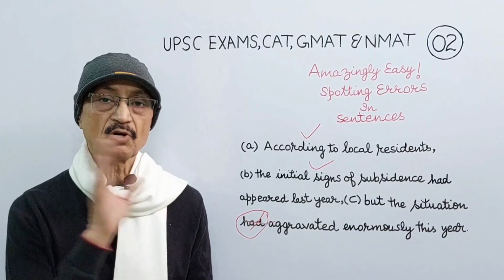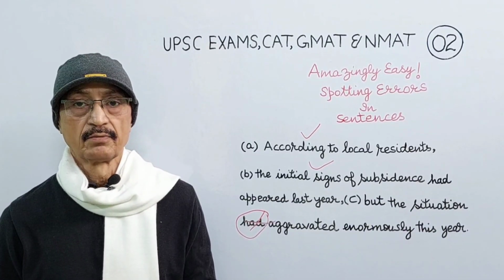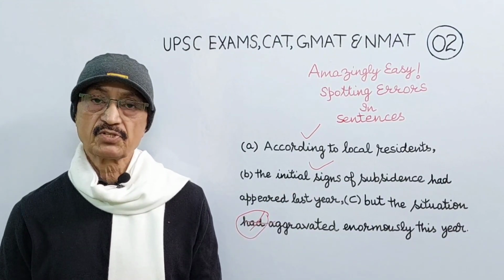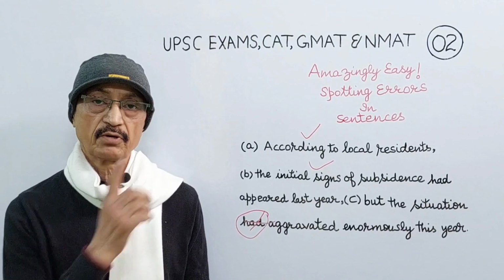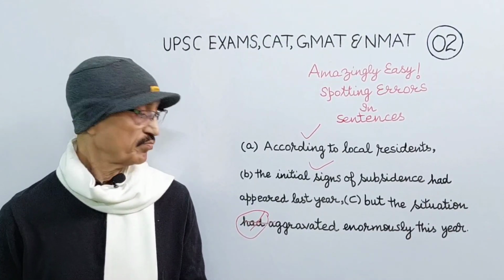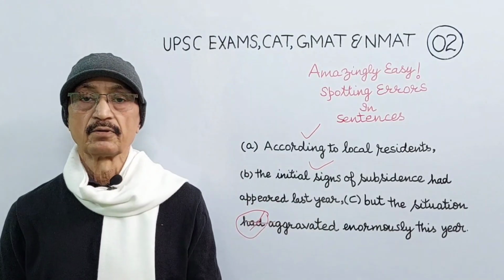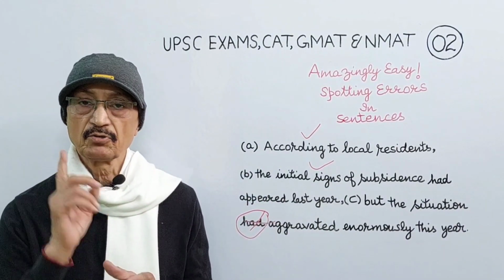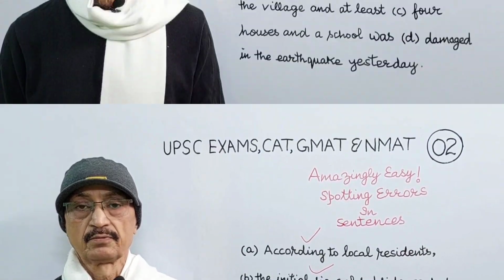So, the same rule applies here. This part is talking about last year. This is event number 1. So, in B part, we will use past perfect tense. In C part, we will not repeat past perfect. We will use simple past tense.